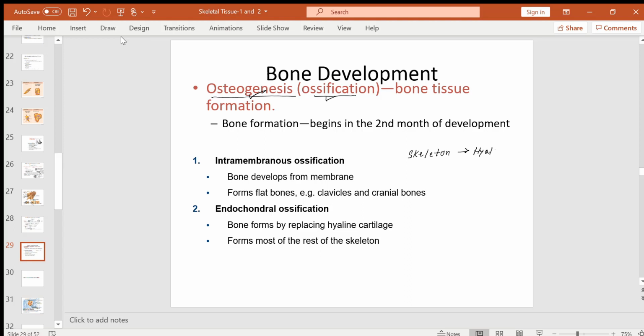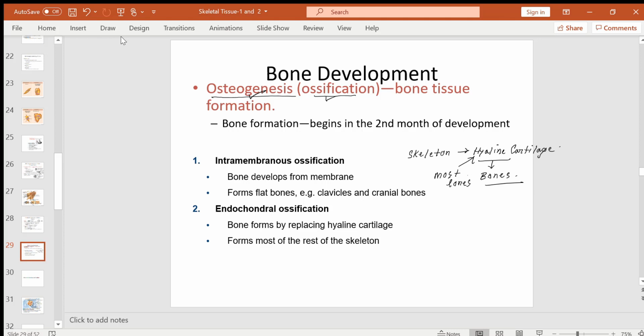So the fetal skeleton is hyaline cartilage. No bone is there. And the hyaline cartilage is converted to the bones. Okay. So most of the bones of your body come from the hyaline cartilage.